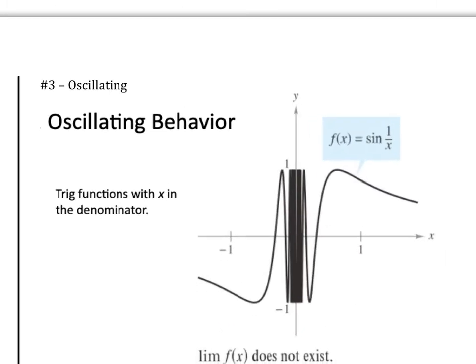All right, third case. Third case is a little bit strange. Third case means that it goes up and down, up and down, up and down forever. That is, limit does not exist. Because we can't decide what number it actually is, so then we say that limit does not exist. So for example, this one, when they ask you, what is the limit at 0? Well, we don't know. When it's getting close to 0, it keeps going up and down.